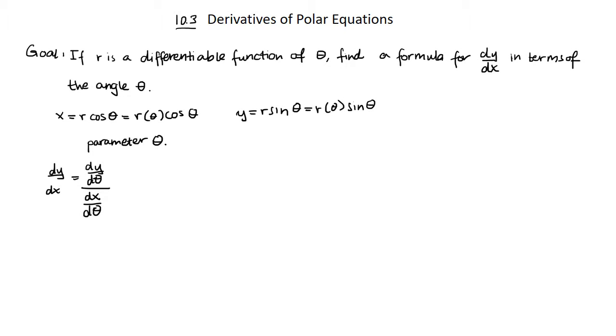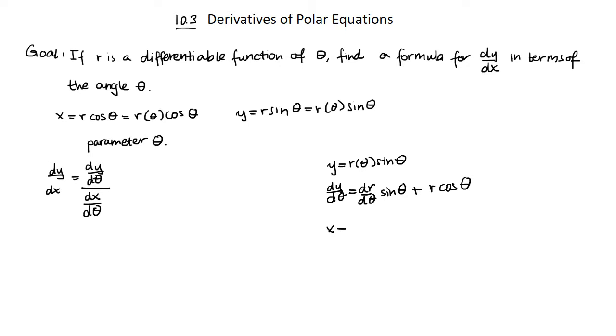We're going to do that calculation on the side. We know that y is r of theta times sine theta, so we're going to use the product rule to differentiate this. We get that dy/d theta is dr/d theta times sine theta plus r of theta times cosine theta.